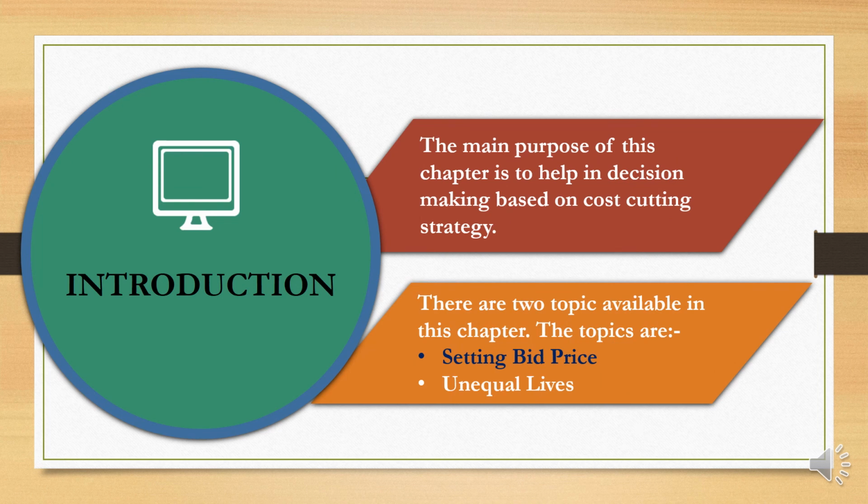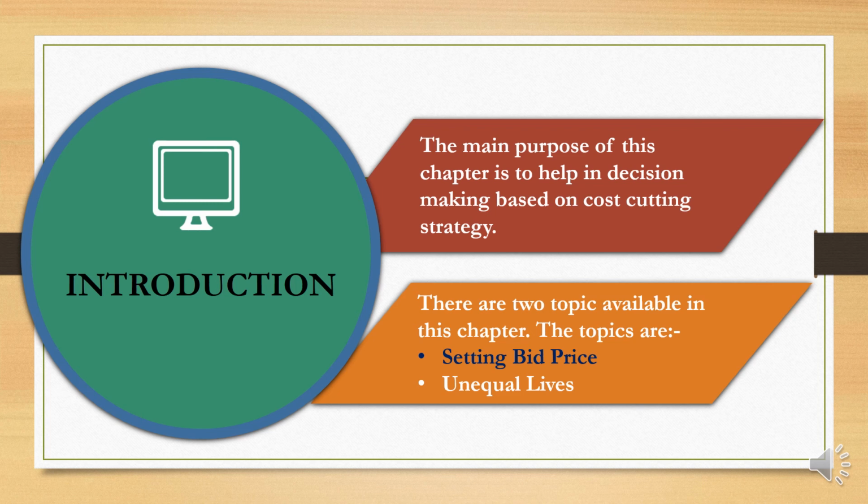As an introduction of this chapter, the main purpose is to help in decision making based on cost cutting strategy. Meaning that this chapter is more on evaluations of how a company can make a decision by looking at the cost, where it is more preferred for the company to choose the low cost project.